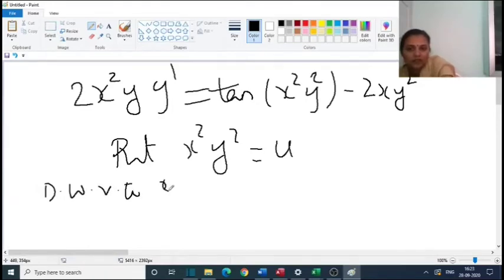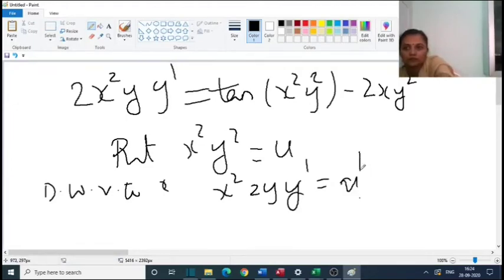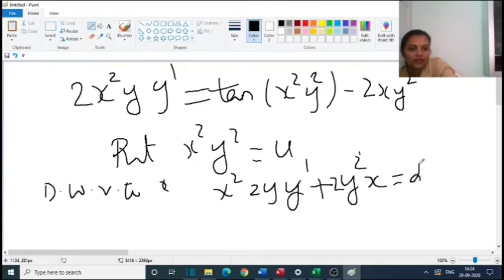We get, in the left hand side, we have the product rule. x square into the derivative of y square is 2y y dash, plus y square into 2x, is equal to du by dx or u dash.